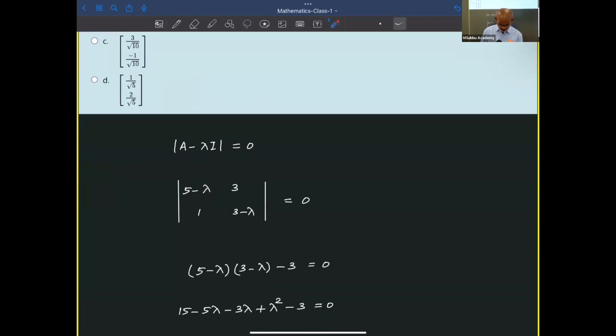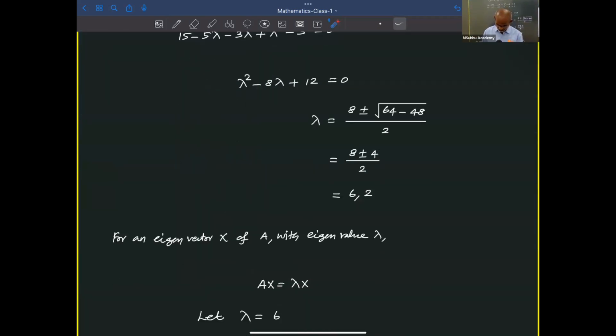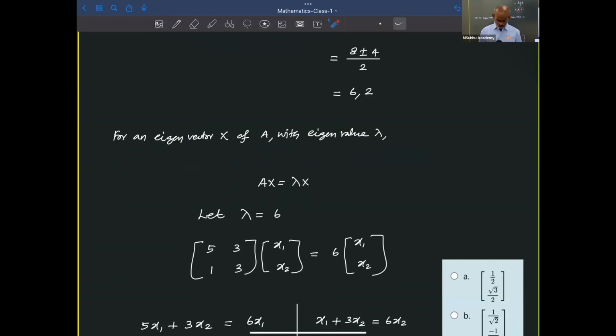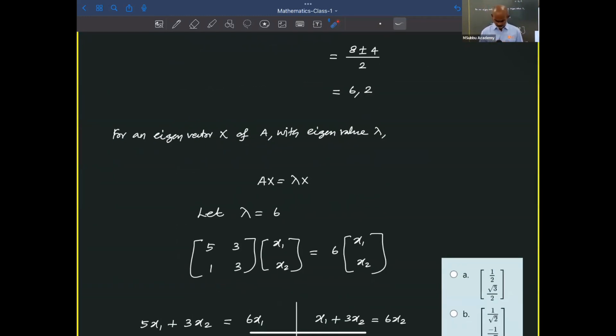Okay, so from A minus lambda I, for lambda we will be getting 6 and 2. So for the eigenvector x, this equation is valid: A multiplied by x. Sometimes they use the symbol v also, Av equal to lambda v. Of course, I have used x for the eigenvector. So Ax equal to lambda x.